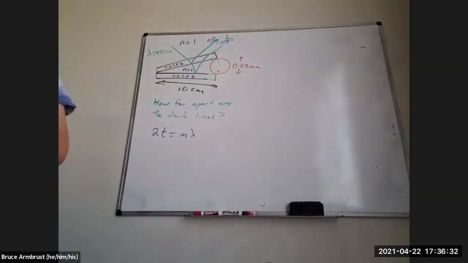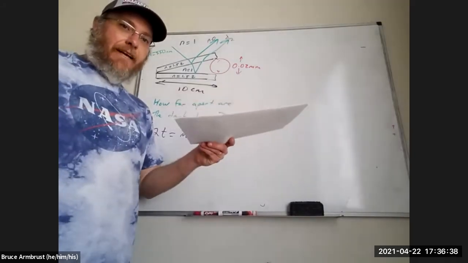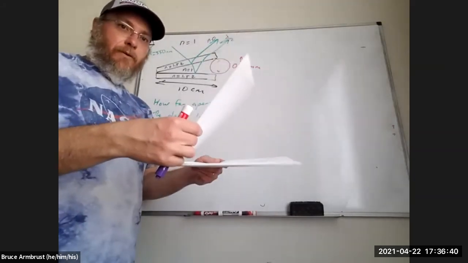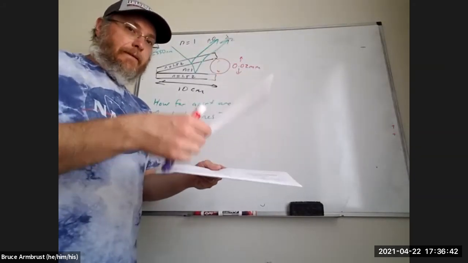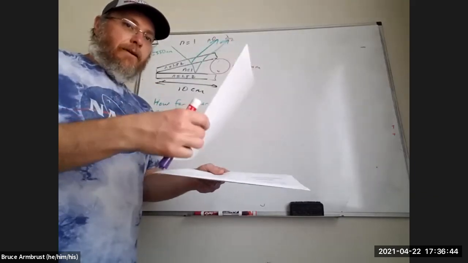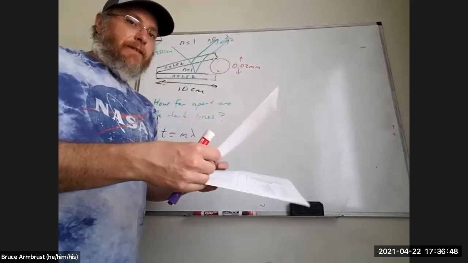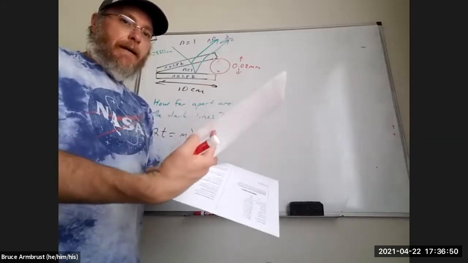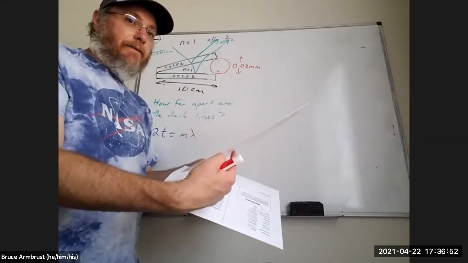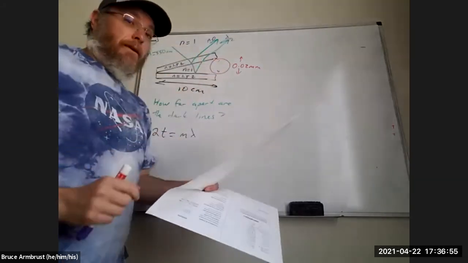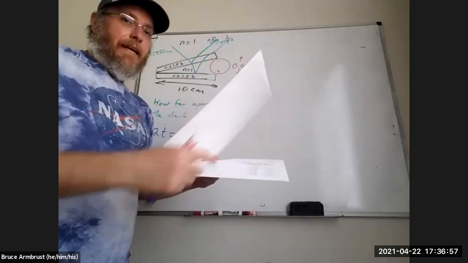Let me, hold on a second. Here's one of those glass slides. Here's the other one. So we're like this. Glass, air, glass. And we're looking at the ones that are reflecting off of the bottom of this glass. That's the first one. And the second one's hitting the top of the second glass.